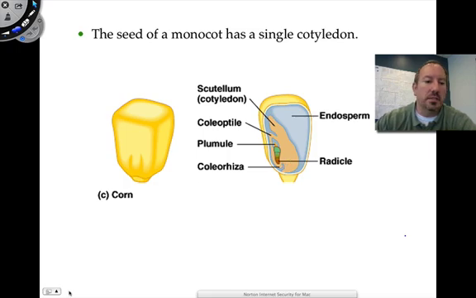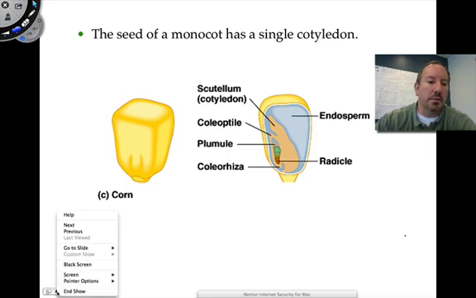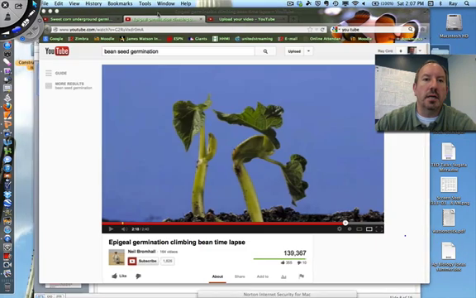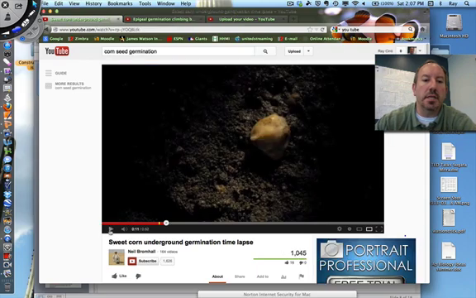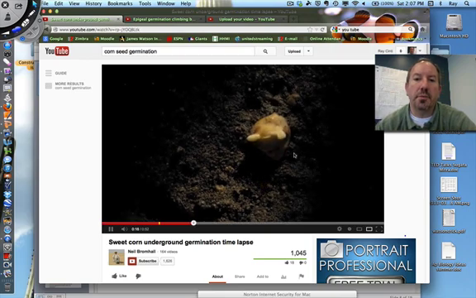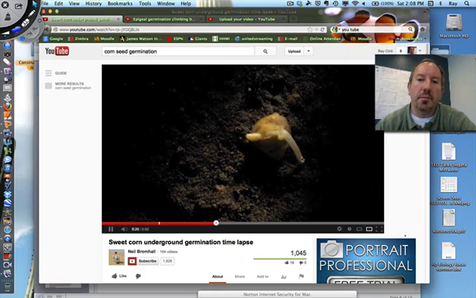And so let's take a little break from the slide, and let's take a look here at a seed of corn right here. Do you notice when it's germinating, so water went in, the very first thing that it's forming is its little root called the radicle.